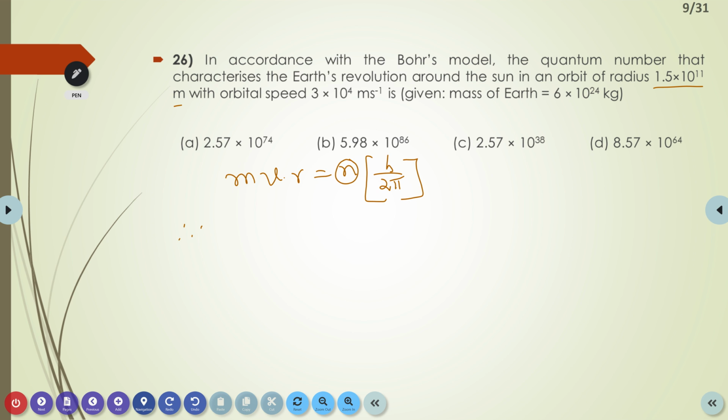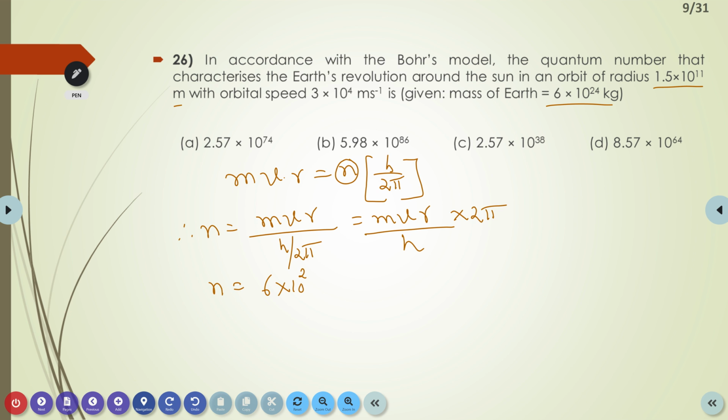What is the value of n? This is purely numerical. n equals m v r divided by h divided by 2 pi, which is m v r into 2 pi divided by h. You substitute all the values here. The mass of the Earth is 6 into 10 to the power 24 kilograms, and the velocity is 3 into 10 to the power 4.